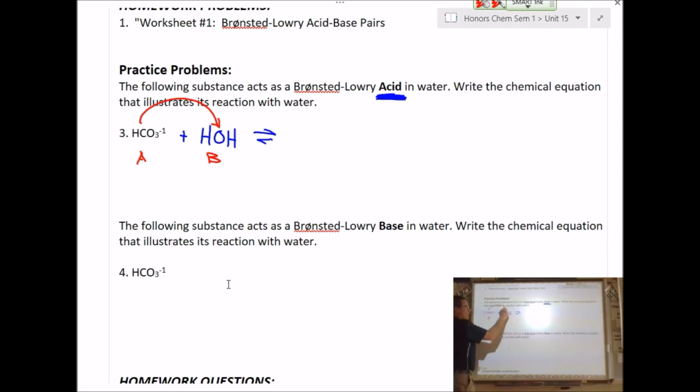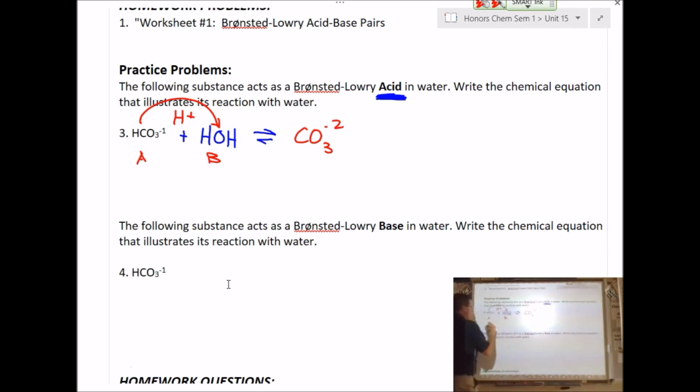It's donating a hydrogen, which again I would illustrate. And what will my products be? Okay, hold on. CO3. So if it had a -1 charge and it lost a plus charge, -2.